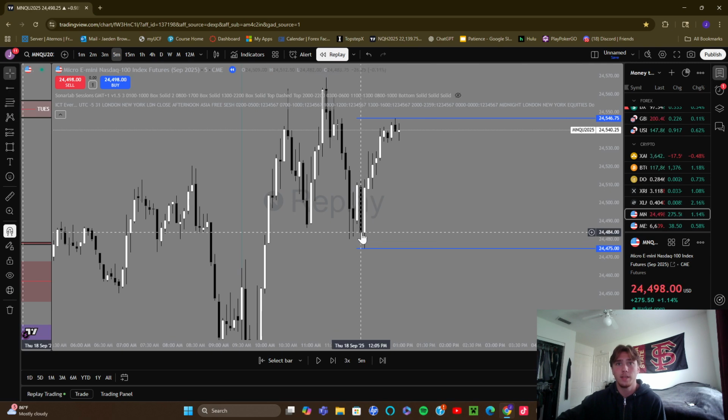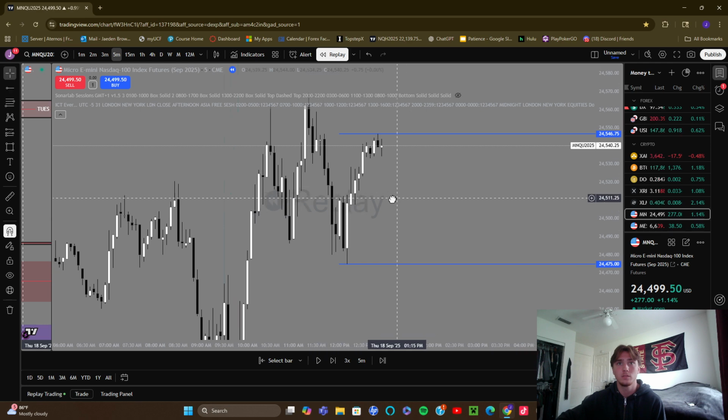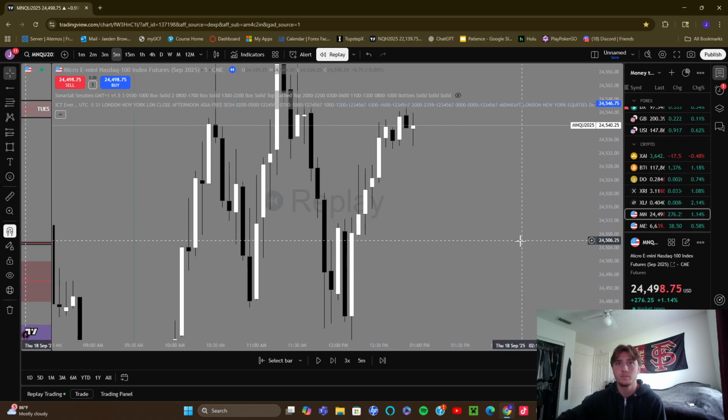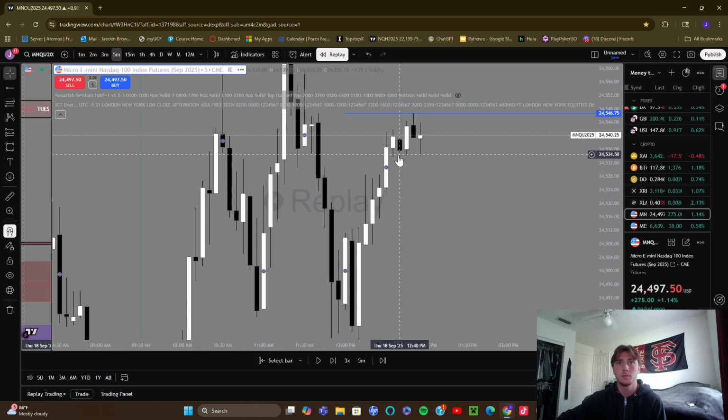So with this hourly candle, we come all the way down here, and then price opens here, pushes up here, closes, then price again opens here, closes here. But it went all the way up here, and it went right there. Again, price opens, closes, opens, closes, opens, closes.